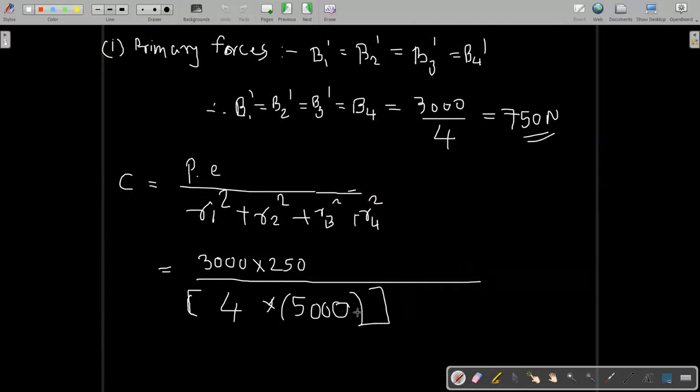Okay, so just cut this down. So here you will get 75 by 2. Okay, sorry, here not 3, here 5 will come. 5 5s are 25. So just ignore the 250 here. So the answer will be 75 by 2.